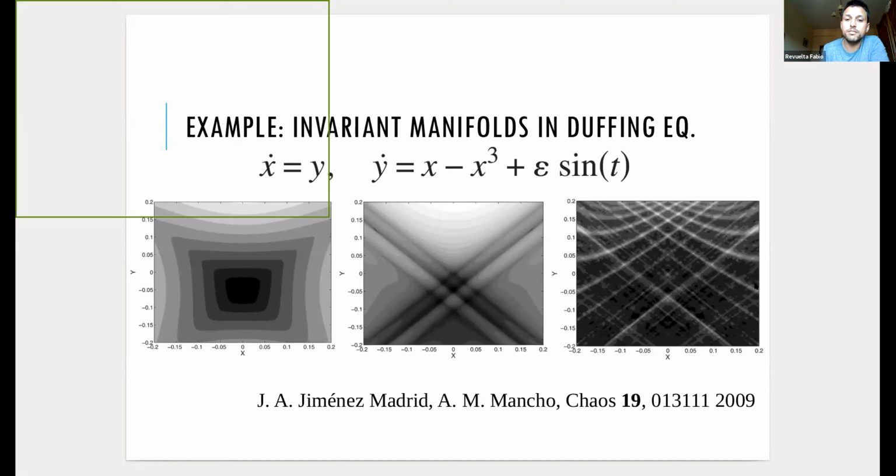If you apply it to the Duffing equation, you can see that when you change that integration time, you start to see some structure, right? And that structure again are the invariant manifolds that form the homoclinic or heteroclinic tangle in the system. So it is something simple, but it does work.